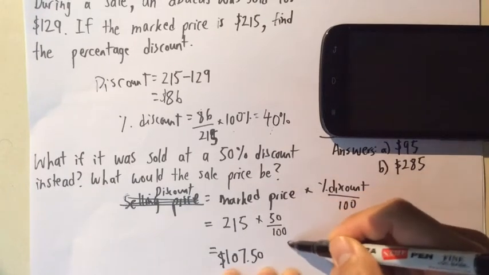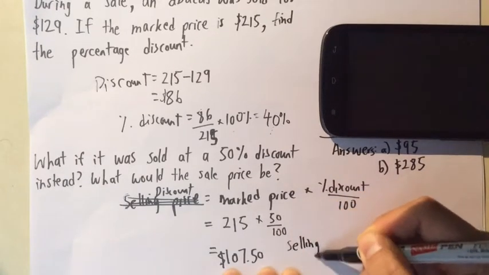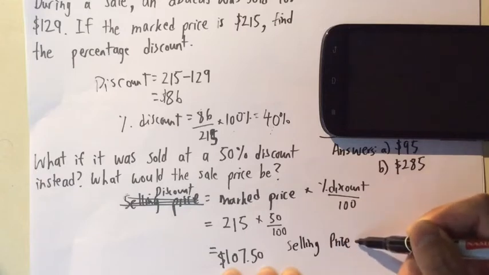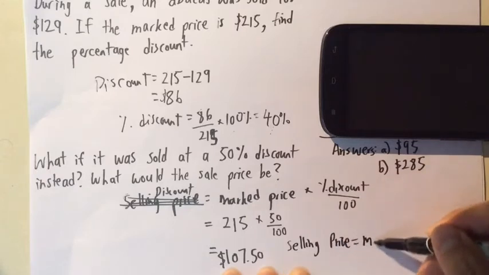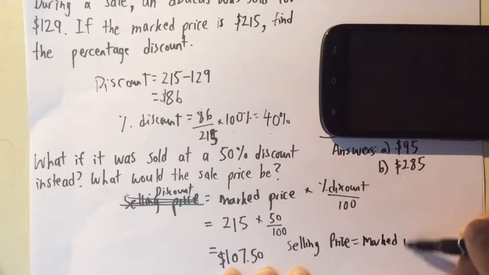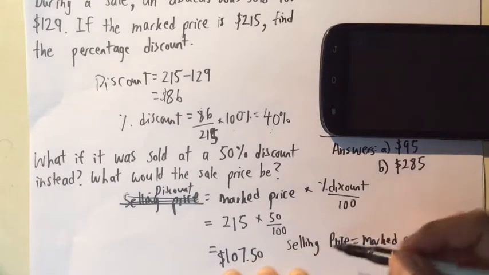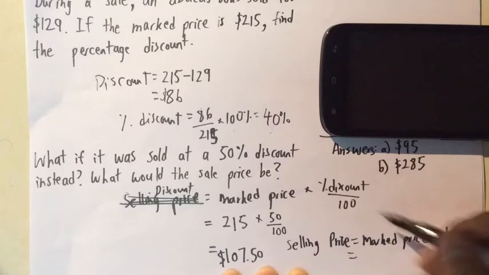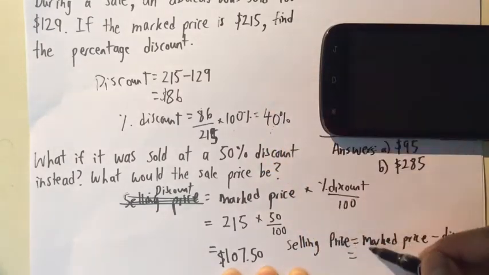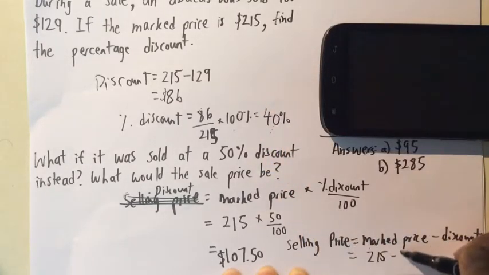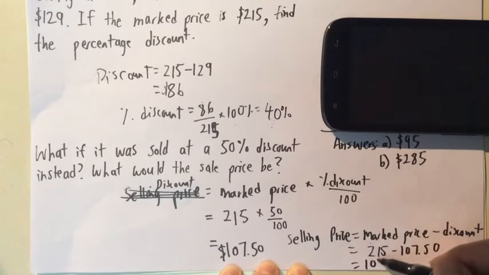Then our selling price would be the marked price minus the size of the discount. Now we know the discount is $107.50. The marked price is $215. So that's just 215 minus $107.50, and we'll find that that just equals $107.50.